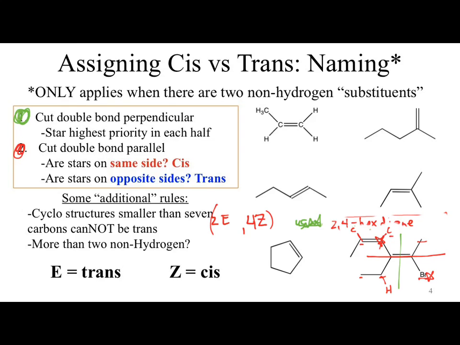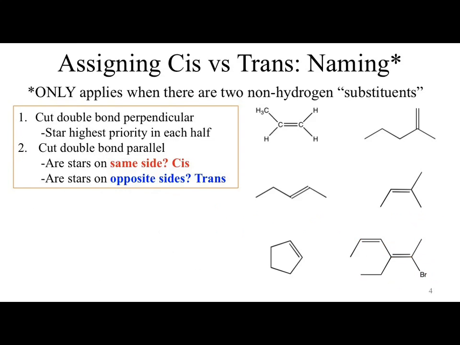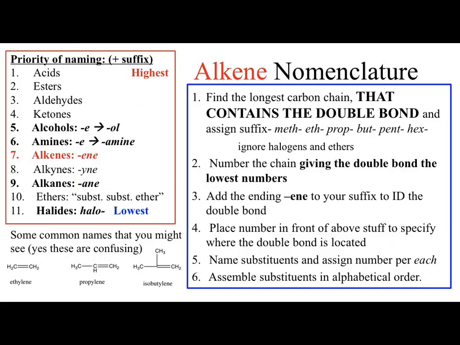And just to be obnoxious, we can go ahead and erase that, and we'll say, as far as naming, what have we looked at? We've looked at 1, 2, 3 of 11 possible things to evaluate. And those are just the 11 we're covering this semester. Okay? There's all sorts of other functional groups.